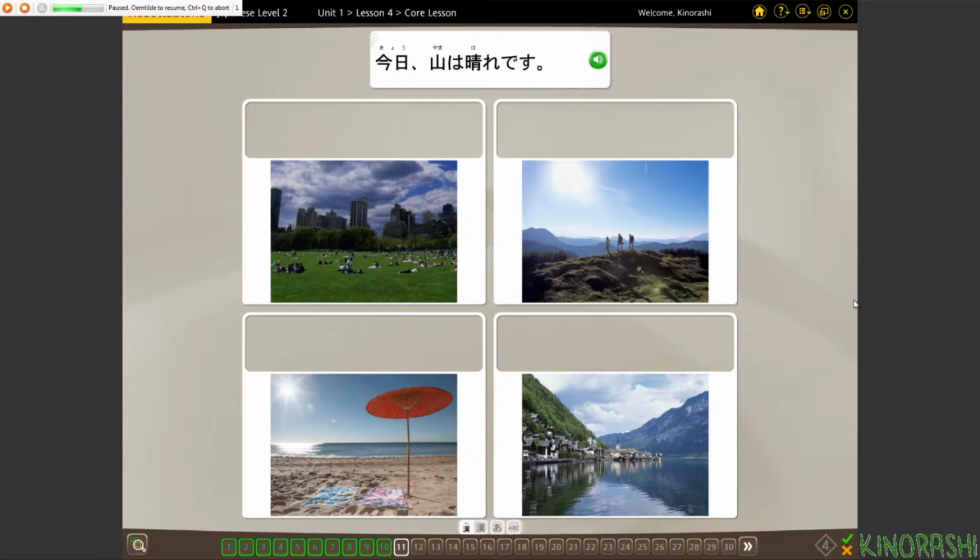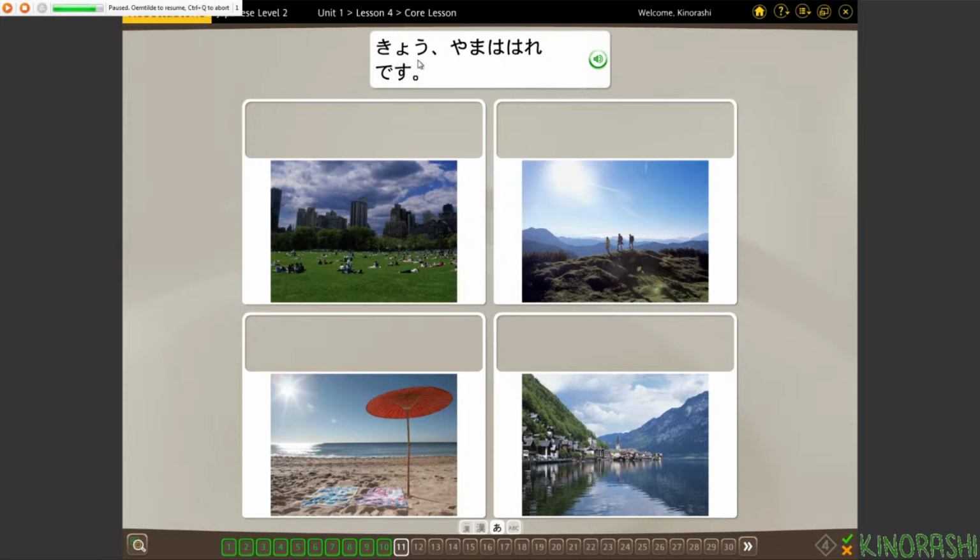今日山は晴れです。Oh, kumori. Yeah, I don't remember what this word means now. Yama wa hare, sunny. Kumori, cloudy. You can see the clouds in that.